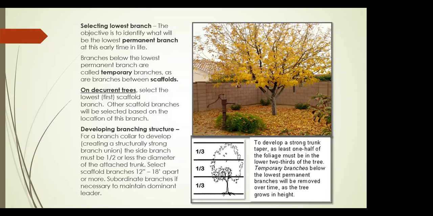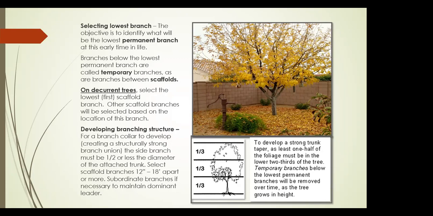One of the things we want to do, in that section it says developing branch structure, is to make branches that are attached to the leader that are only about half the size of the diameter of the trunk. So that lowest large branch on the left side of the tree is more than half of the diameter.